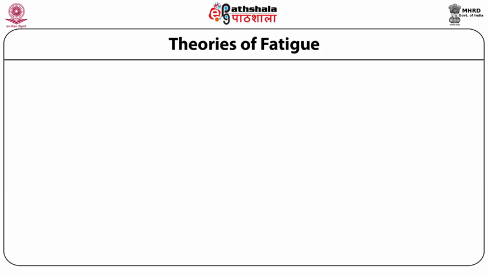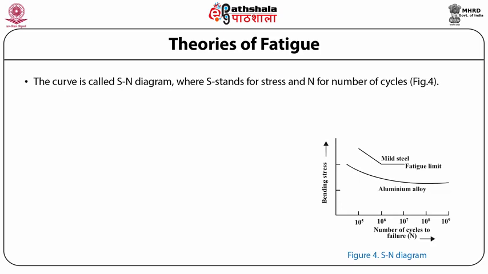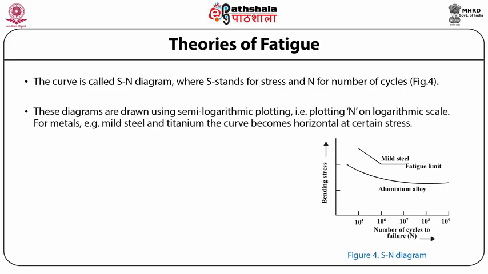The figure given below is the S-N diagram. This curve is called the S-N diagram, where S stands for stress and N stands for number of cycles. These diagrams are drawn using semi-logarithmic plotting, that is, plotting N on the logarithmic scale.